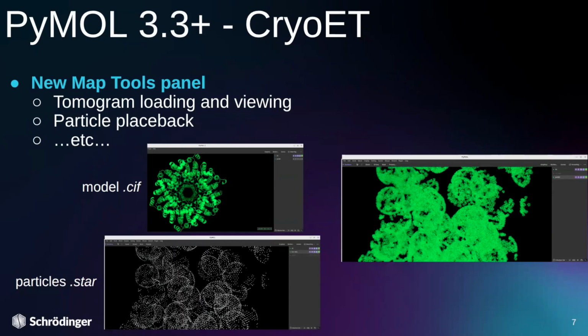As you can see on the bottom here, there's a placeback command that's also exposed in the Map Tools UI that will take both a star file or a star object and a model file, and combine those into a constellation of the model mapped onto the transforms that are provided in the .star file.